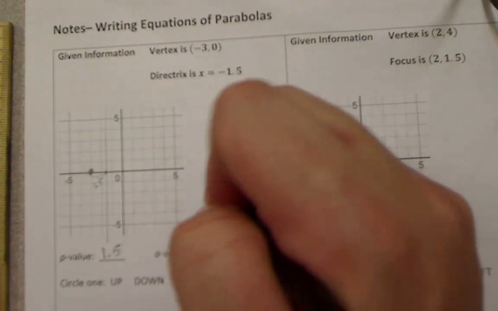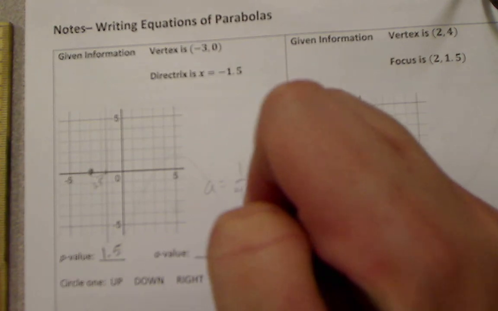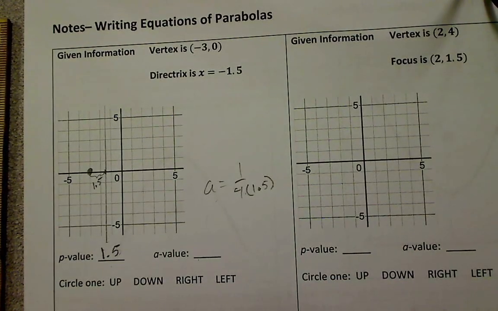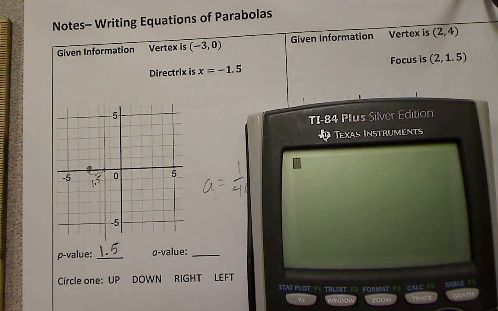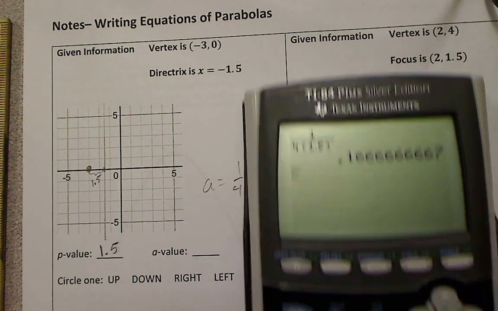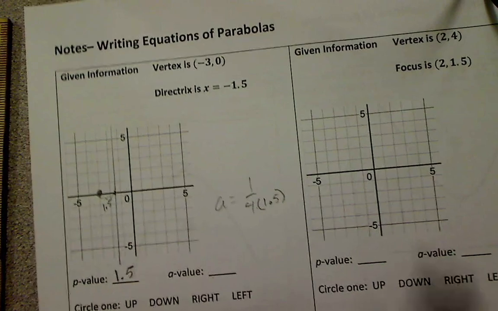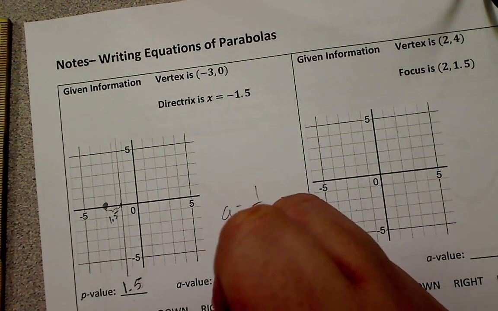A is equal to 1 over 4 times P, so it's 1 over 4 times 1.5. I'll use my trusty little calculator real fast. I get a decimal, so converting it to a fraction gives me 1 over 6. So my A value is going to be 1 over 6.